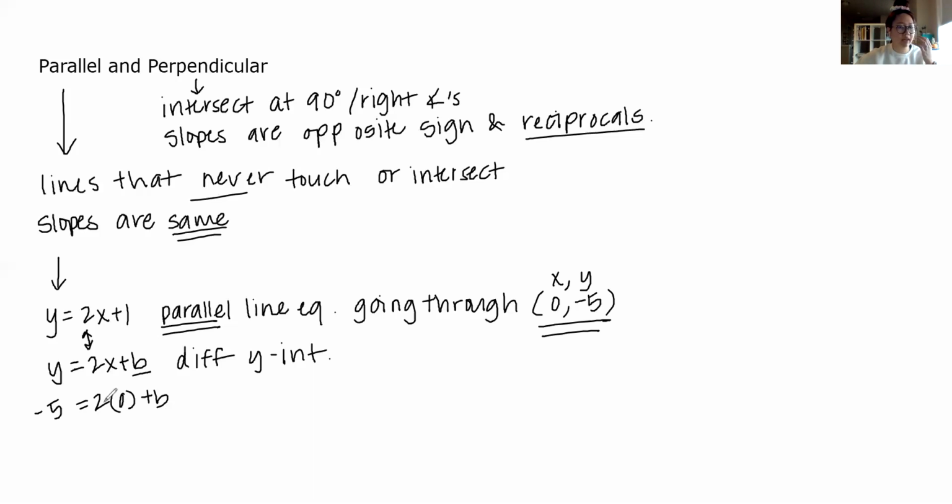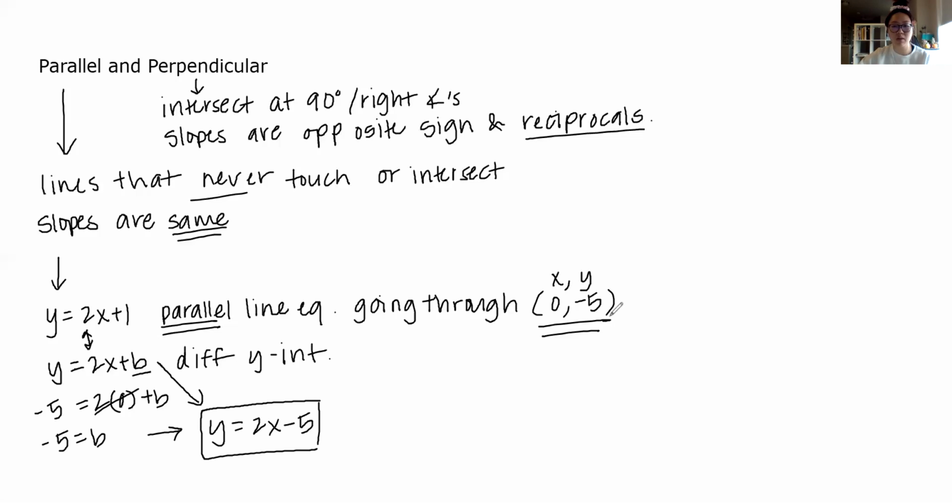Any number times 0 is still 0, so these cancel out, and I found that -5 is b, my new y-intercept. Final step, plug it back into the equation using my new b: y = 2x - 5. And this is the equation of the parallel line that goes through (0, -5).